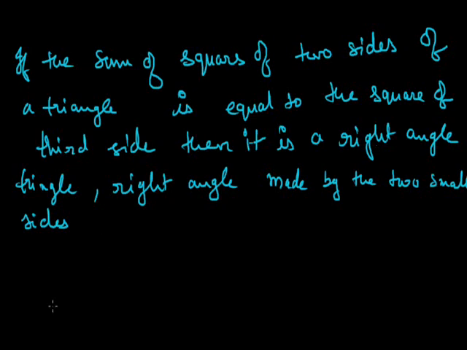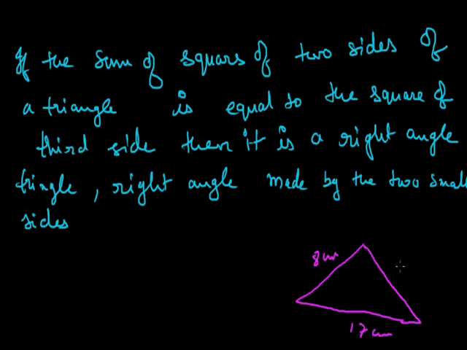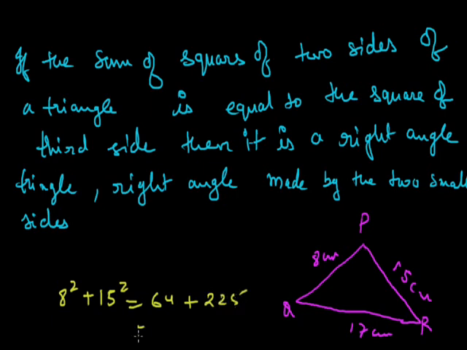That is, if I take a triangle whose sides are 17 centimeter, 8 centimeter and 15 centimeter. Now if I square and sum the smaller sides, that is 8 square plus 15 square, that will be equals to 64 plus 225, it will be equals to 289, which is the square of 17.